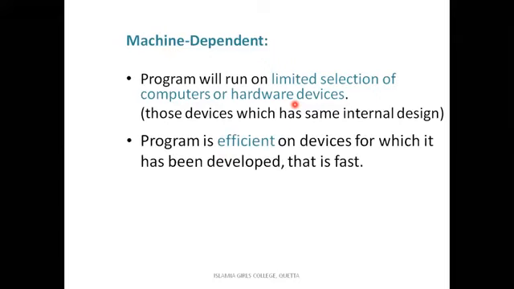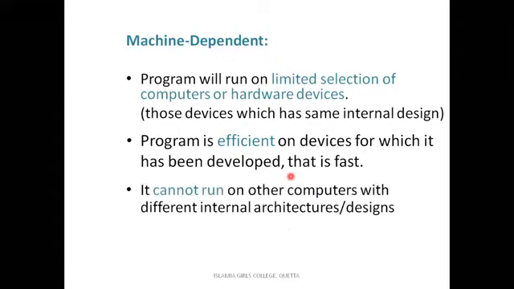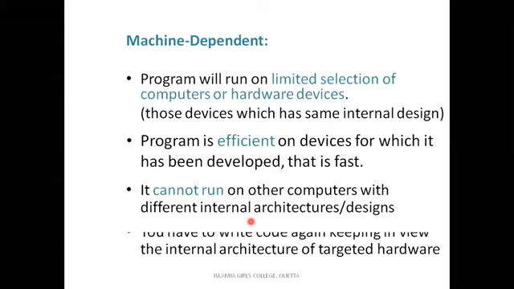The program is efficient on devices for which it has been developed. This means that it will run very fast on those devices, but it will not run on computers with different internal architectures or designs. This is the drawback. So this means that you will have to write the code again for devices which have a different internal architecture.